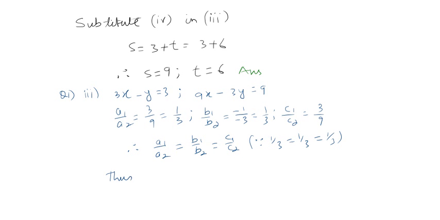Thus, the pair of linear equations have infinitely many solutions. Don't write in short, but write the complete form, infinitely many solutions. So that is the way you have to show this question if it comes in the exam, but the chances are very rare. So that is the way you have to do it. All of you understood?